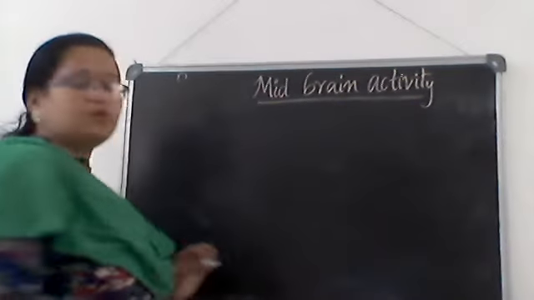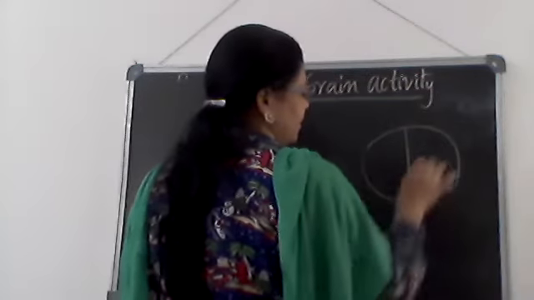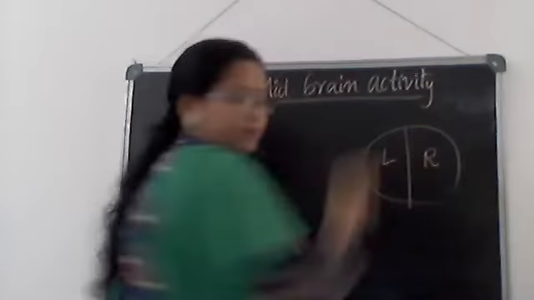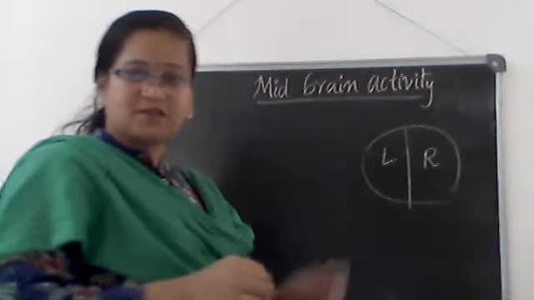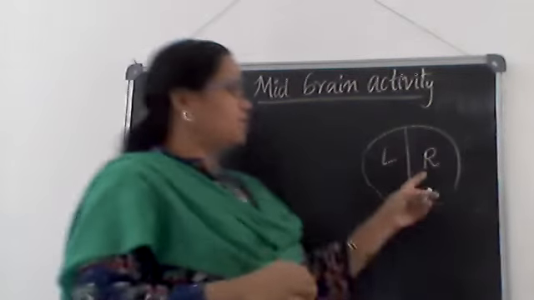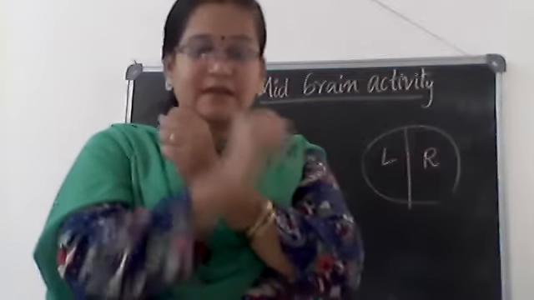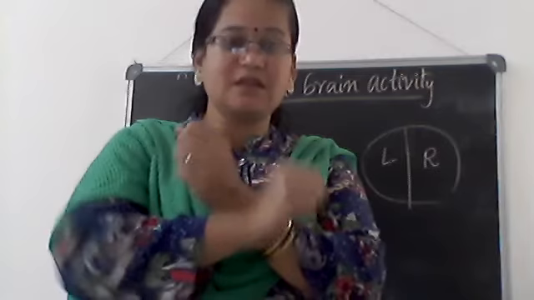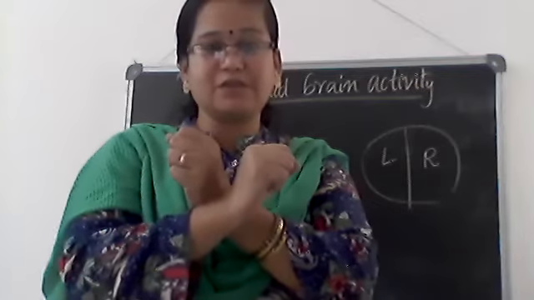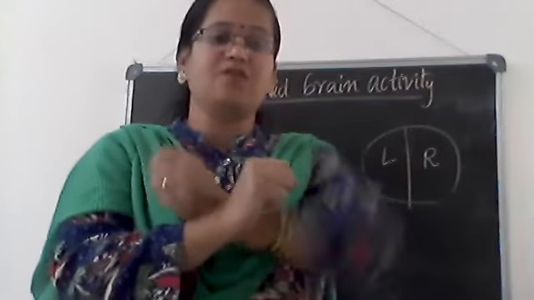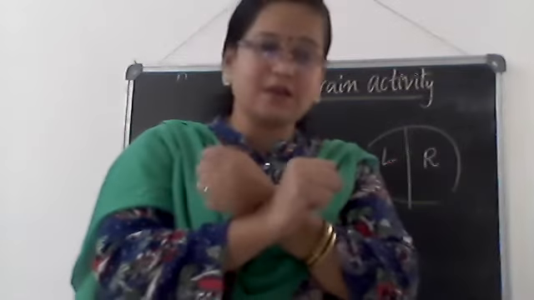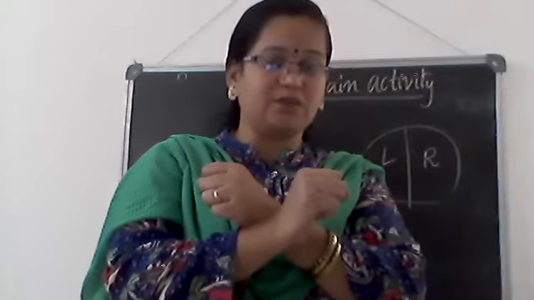For this midbrain activity, you know our brain is divided into 2 hemispheres, right hemisphere and left hemisphere. As I told earlier, when you move your left hand side, your right brain is activated.